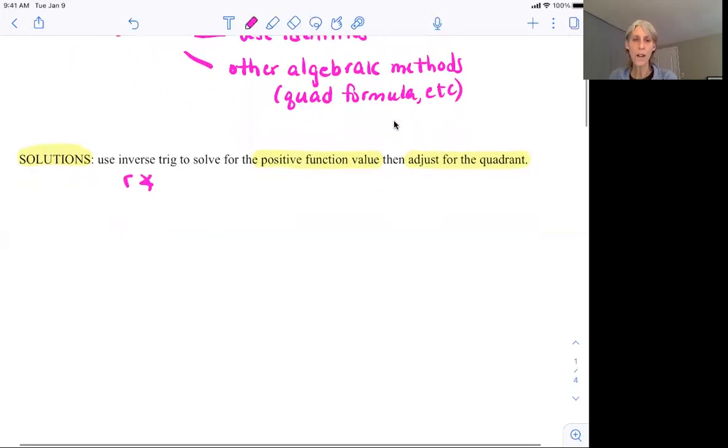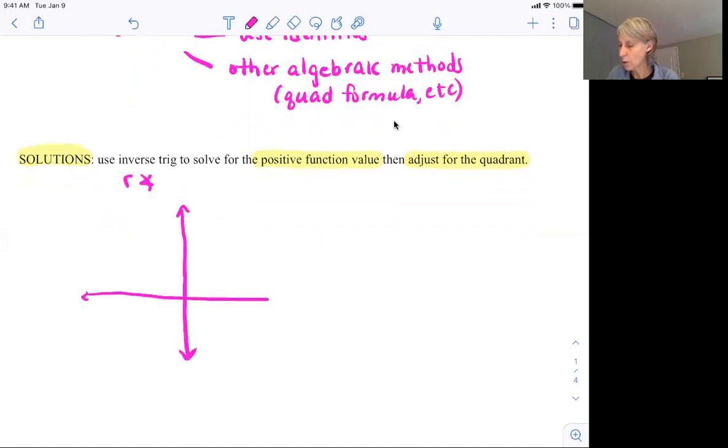Once we have our reference angle, then we have to think about what quadrants our solutions will be in. And to narrow down our solutions, we go back to our old standard, the quadrants where our function values are positive.